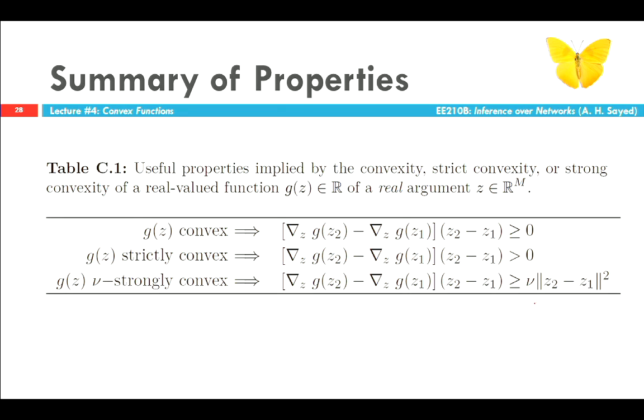So that's where it comes from, this table. It's a useful table to keep in mind. I will remind you when we get there. But the first conclusion from this first part of the lecture is this table. Remember these inner product properties.